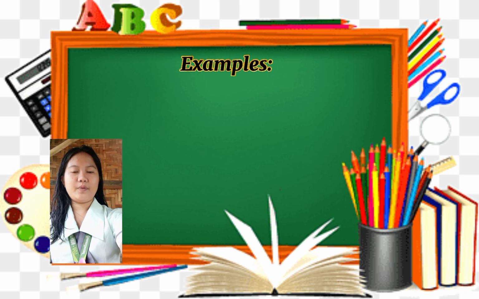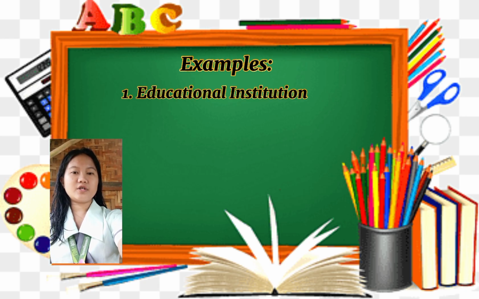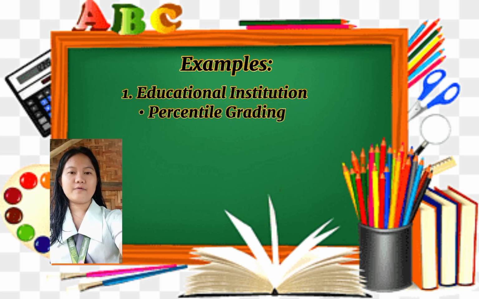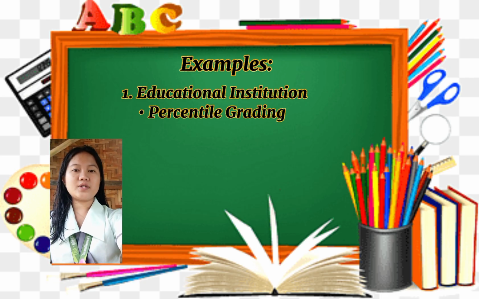Here are some examples of norm reference grading systems. First is the educational institutions. Second is the standardized test. Under the educational institutions, there is percentile grading, bell curve grading, and stanine grading. Percentile grading is where students are ranked based on their performance relative to peers, for example, the top 10% receive A's.